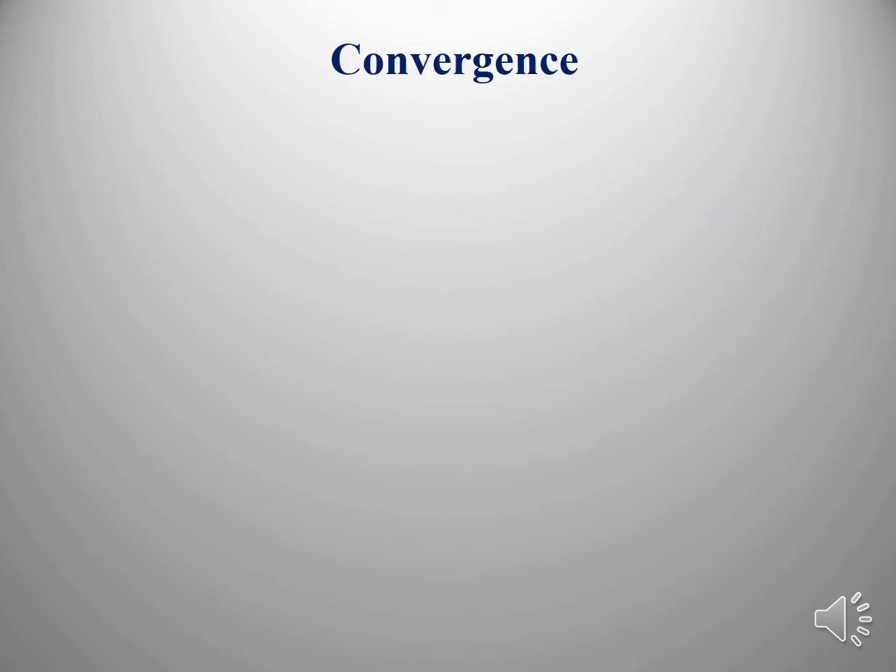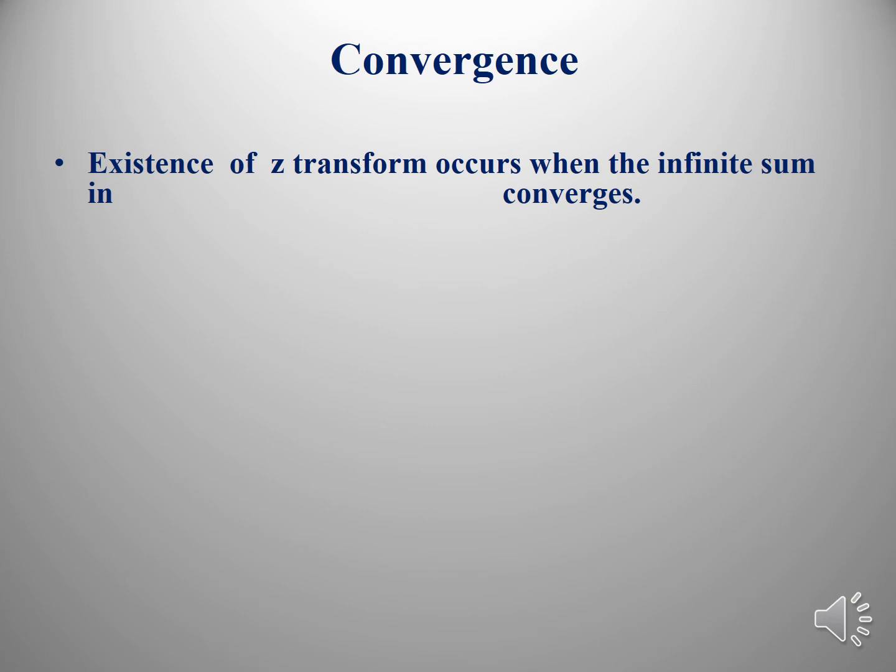Let us try to understand the concept of convergence with respect to Z transforms. The Z transform exists when the infinite sum in the expression x of z is equal to summation n equal to minus infinity to plus infinity x of n z power minus n converges.